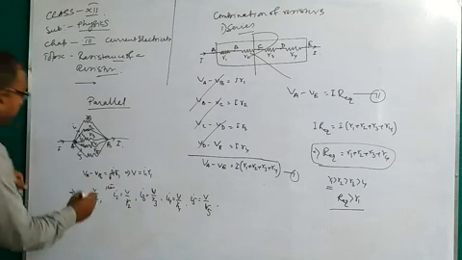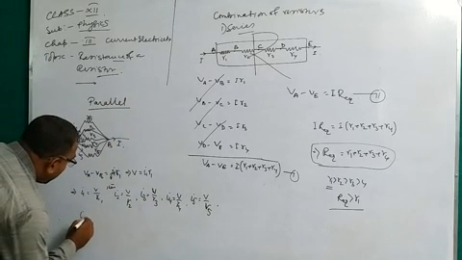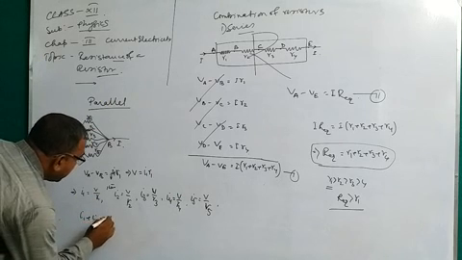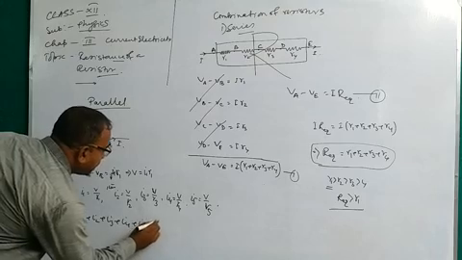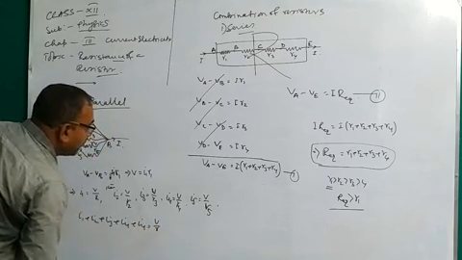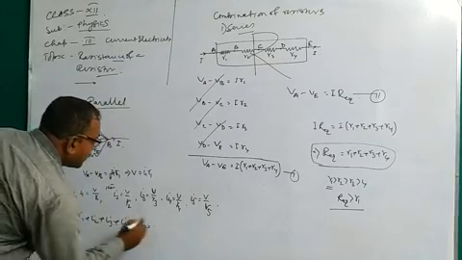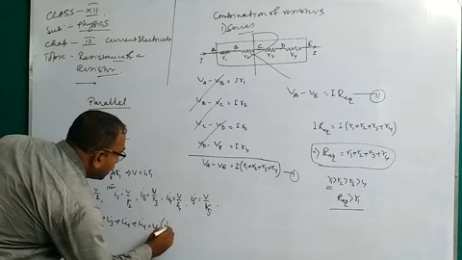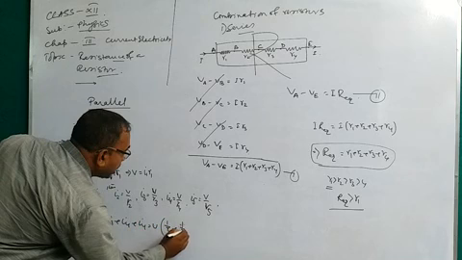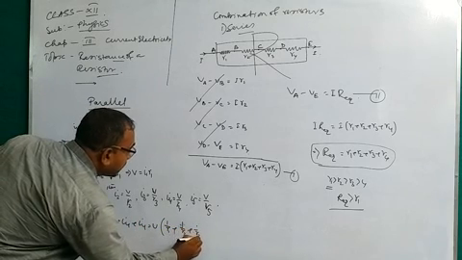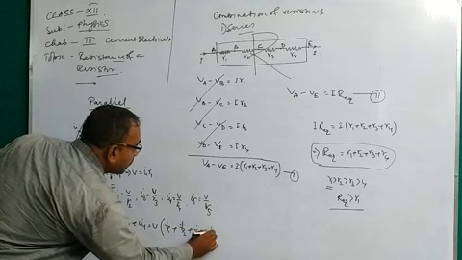So if you add I1 plus I2 plus I3 plus I4 plus I5, it will be V, which is common, into (1 by R1 plus 1 by R2 plus 1 by R3 plus 1 by R4 plus 1 by R5).